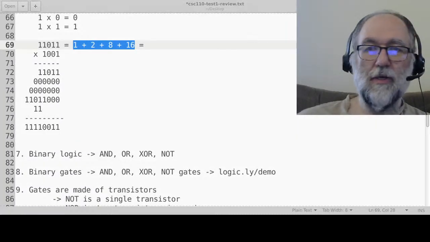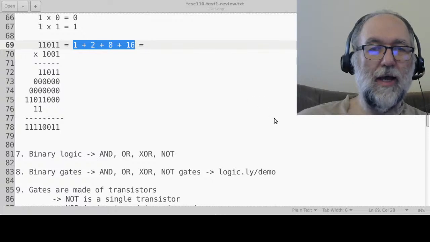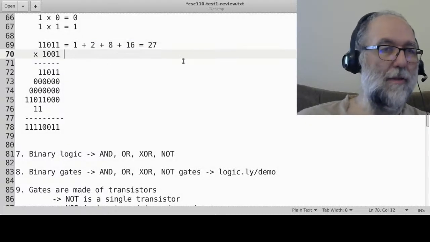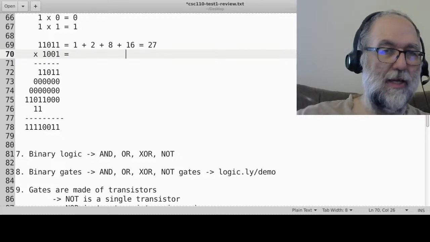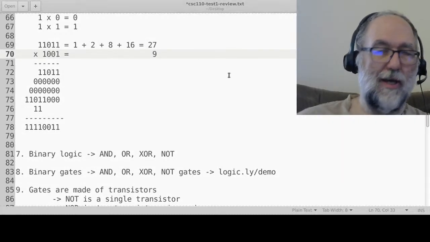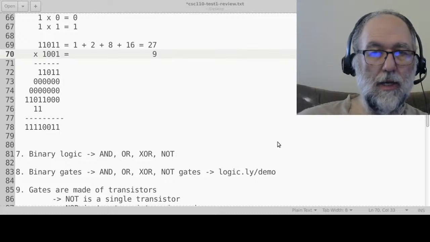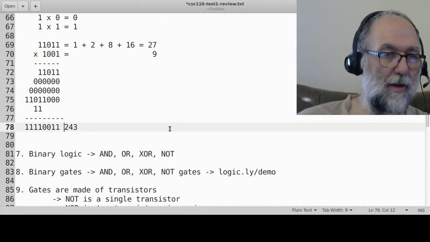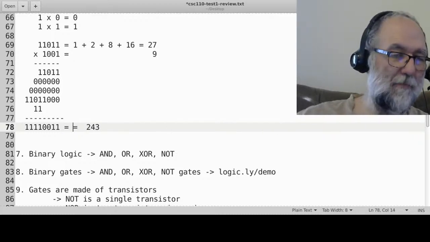I'll just use my calculator because I'll mess up otherwise. 27. Yeah, okay. And then the bottom one, that one I have memorized. That one is 9. And now if I do 27 times 9, that's going to give me 243. So this bottom number here had better equal 243. Otherwise, we did something wrong.